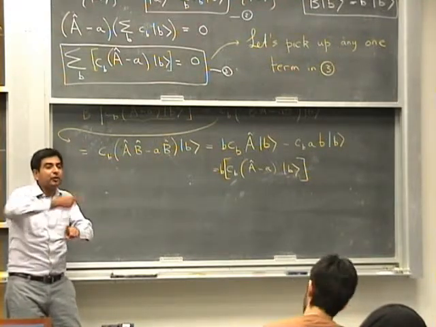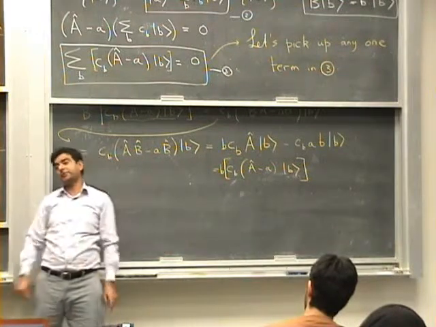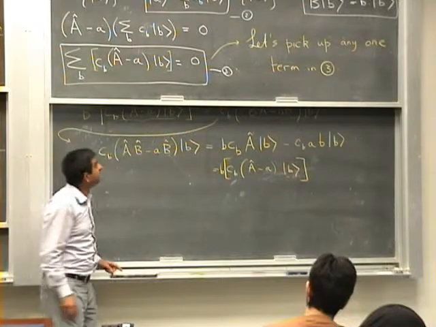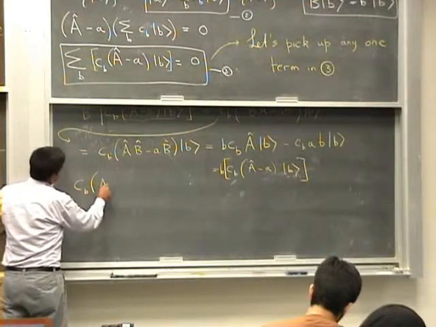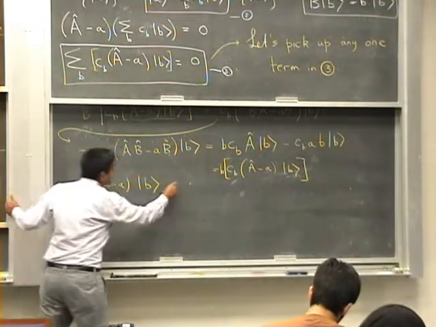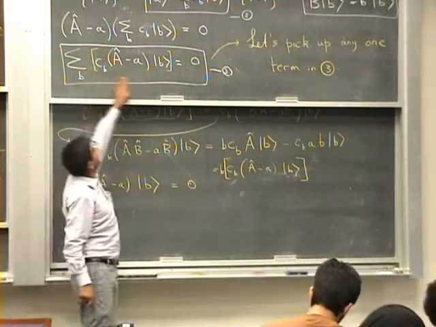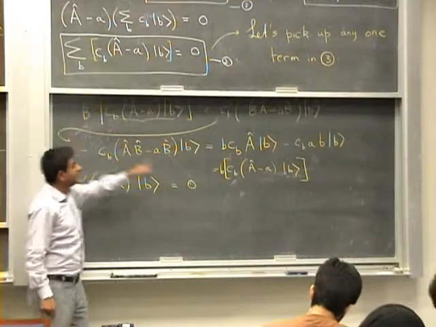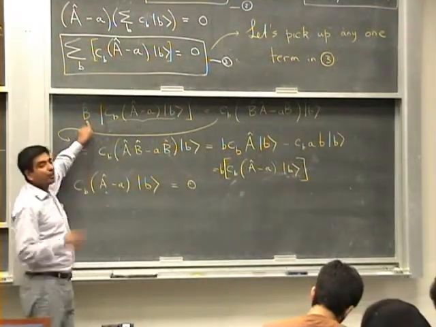Because if the sum over orthogonal vectors is 0, then each of these vectors must be 0. Right? Hence c_b (A minus small a) B must be equal to 0 even without the summation sign. Each of these terms must be 0. Because what we've proven is that each of these terms is an eigenstate of operator B.